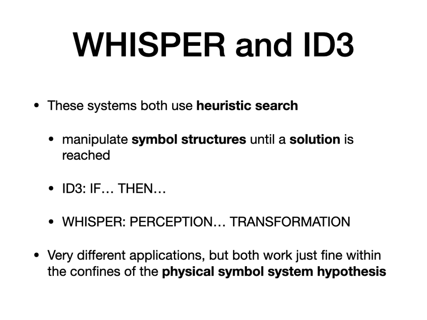So, for instance, ID3 has the simple if-then type of structure that helps you arrive at a solution. Whisper has a lot more possible outcomes, but it knows the rules of physics. It knows that the object that has more weight on the left side is not going to tilt to the right. It's going to tilt to the left.